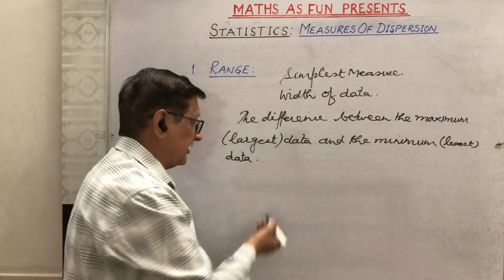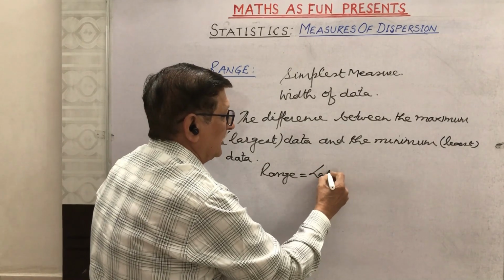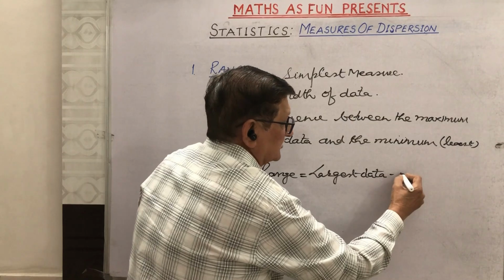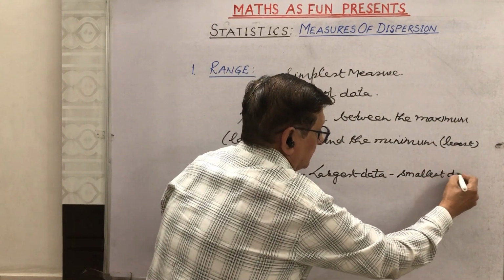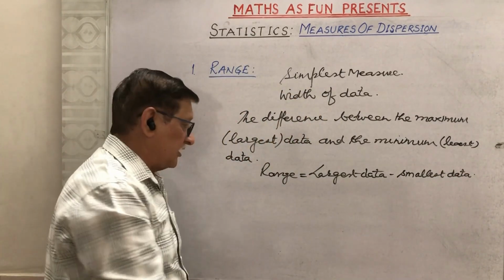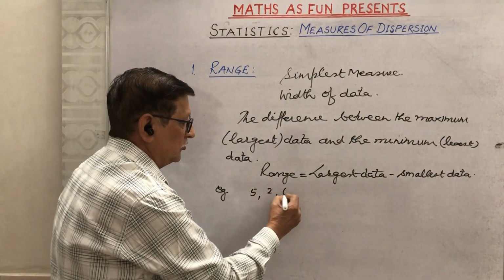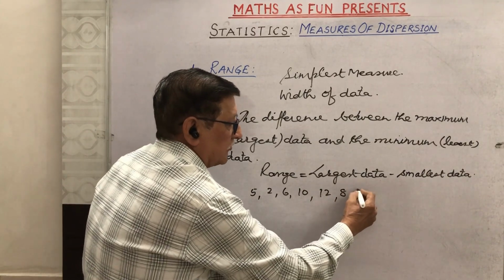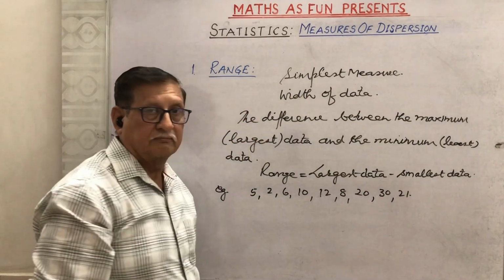We can also write it as range is equal to largest data minus smallest or least data. To understand this with an example, suppose we have the numbers like 5, 2, 6, 10, 12, 8, 20, 30, 21.